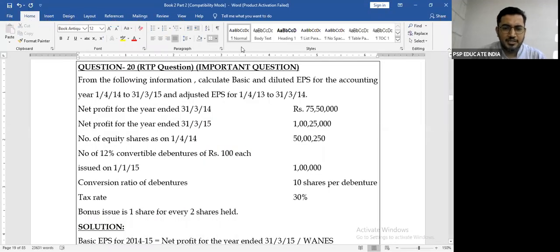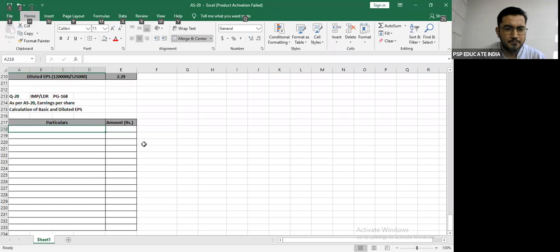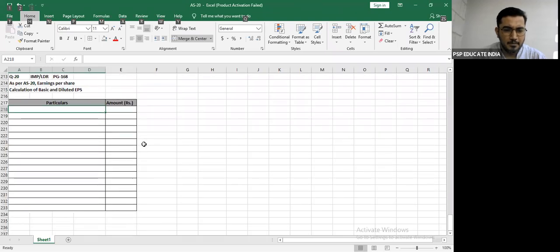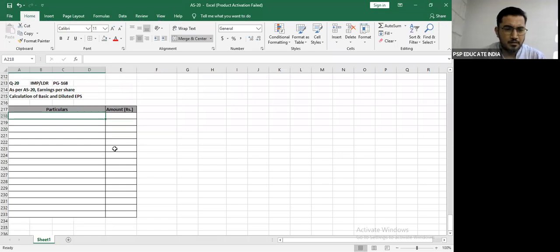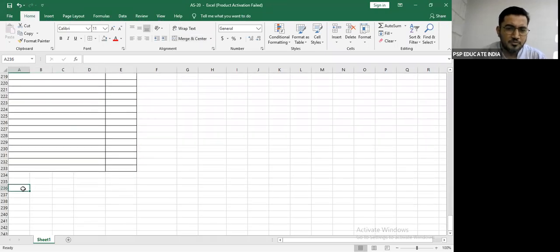If I look at the question, they have given me net profit for the year 31st March 2014 is 75,50,000 and 31st March 2015 is 1 crore 25,000. Tell me, which is your current year, 31st March 2015 or 31st March 2014? Quickly on the chat box. 2015.